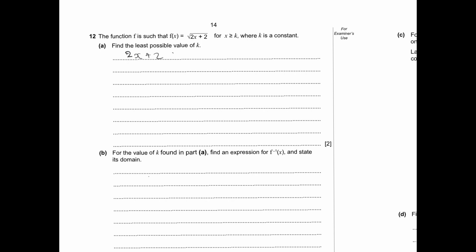That should be greater than or equal to 0. So if we solve for x in this case, we're going to have 2x greater than or equal to negative 2, going the other side it becomes negative 2, and then we divide both sides by 2. We then have x greater than or equal to negative 1.